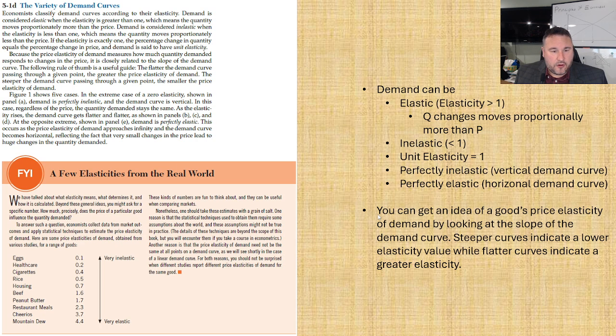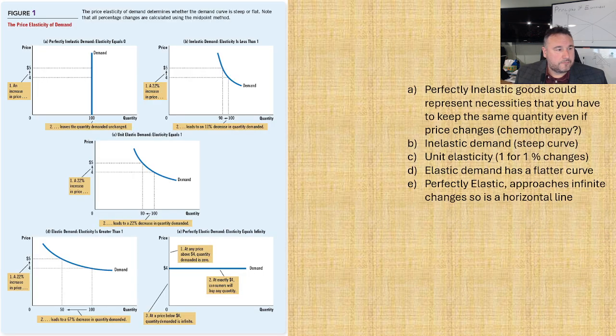So you can get a good idea of the good's price elasticity by looking at the demand curve and seeing how steep it is. So you can see here, this is that vertical demand curve for perfectly inelastic goods. So for any change in price, the quantity remains unchanged. You know, maybe if you think chemotherapy, you're going to need that. So even if you charge more, you still need it.